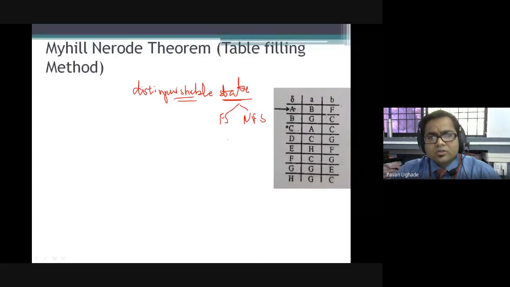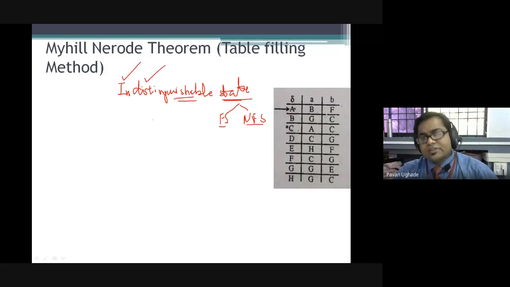So distinguishable states and indistinguishable states are of different quantity. And if I add one more word here, indistinguishable means not separate, of the same one. So we will be discussing distinguishable and indistinguishable states, which will be asked for 2 to 4 marks in the examination.